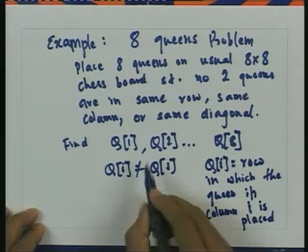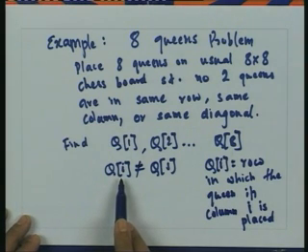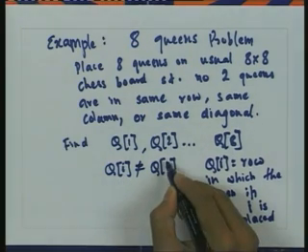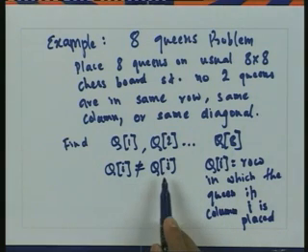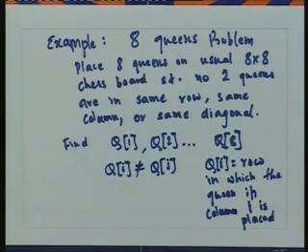This condition simply says that the queen placed in column i does not have as its row number the same value as the queen in the jth column. In other words, the ith queen and the jth queen are not placed in the same row, and we assume that the ith queen is placed in the ith column and the jth queen in the jth column.